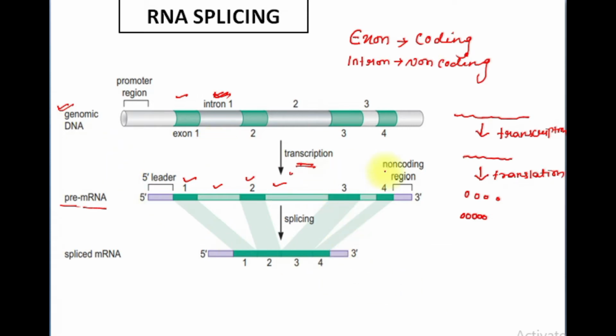What we have to know is the processes of splicing. We are here discussing RNA splicing. There are a variety of RNA splicing types. One by one we will discuss, and in this video we are going to discuss the normal splicing. Let us first know the types of splicing.